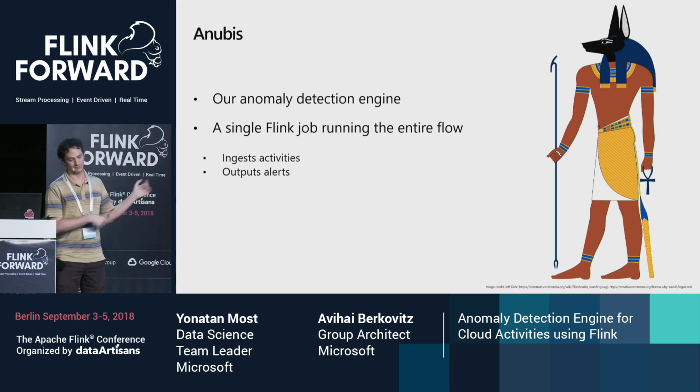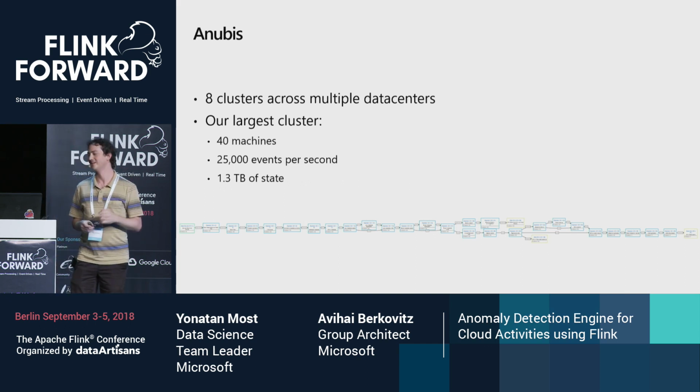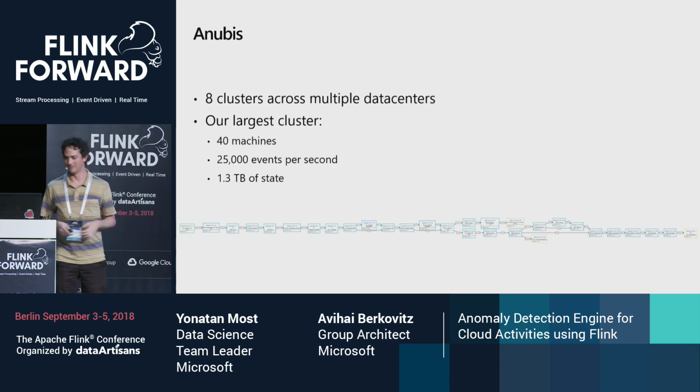One job that does everything, and it looks like that. That's the single job that we have. That's Anubis. And as you can see, it's pretty linear, except for some parts that are more interesting, and we'll talk about them in a couple of moments.